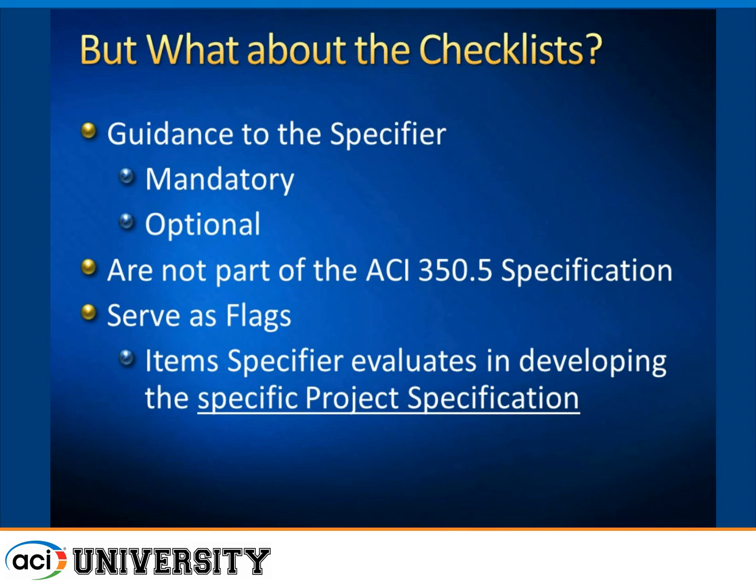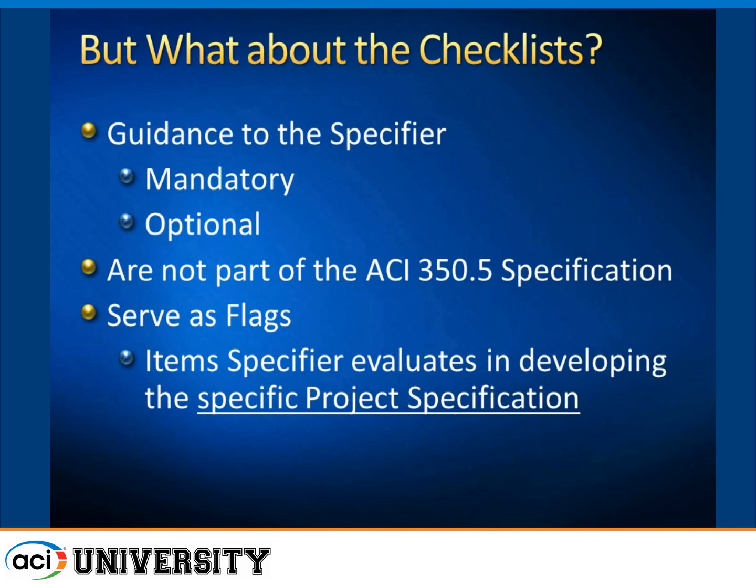They're kind of here to help the specifier, what I say serve as flags. These are things that you need to look at when you're writing your project specification, areas that need to be addressed. If we write a spec, we can put in a default value that may be appropriate, but we may say unless otherwise specified in the spec, and if it's unless otherwise specified, that's a flag to you, hey, maybe I need to look and specify something different.